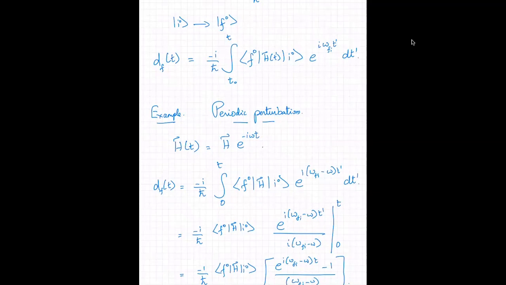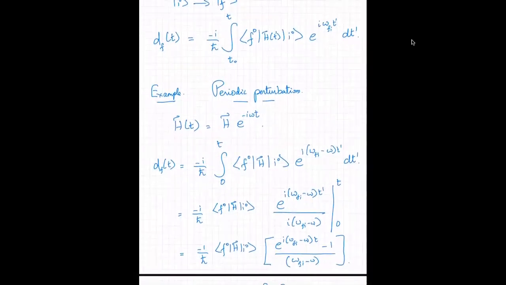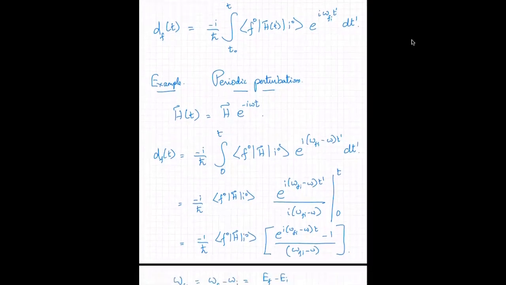Okay, so this is in some sense a master formula that tells you how to calculate these amplitudes for such transitions. This is a unique aspect of time-dependent perturbations, that they actually cause transition between stationary states of the unperturbed Hamiltonian.